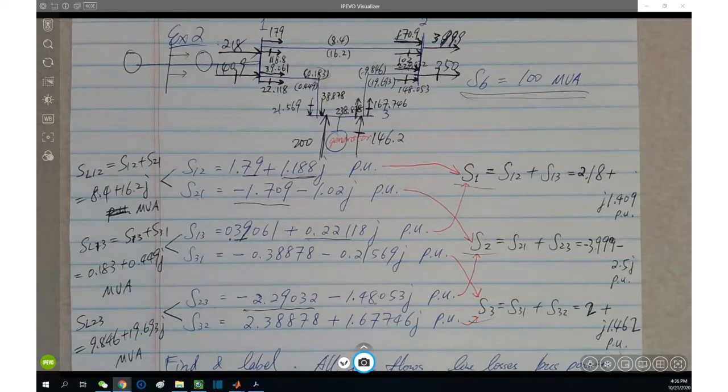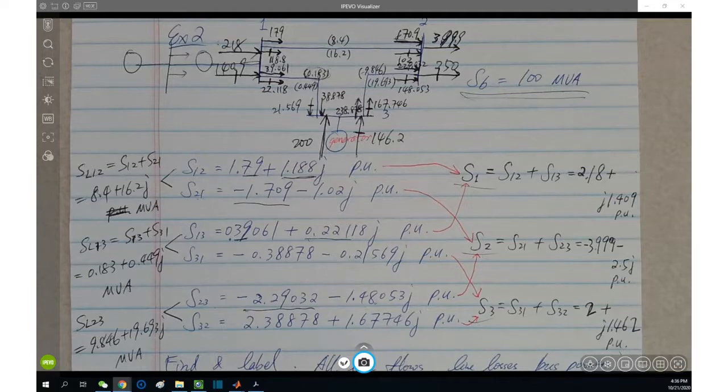But if you got 0.084 or 0.081, because that's the per unit value, that doesn't matter, actually. It won't change too much.